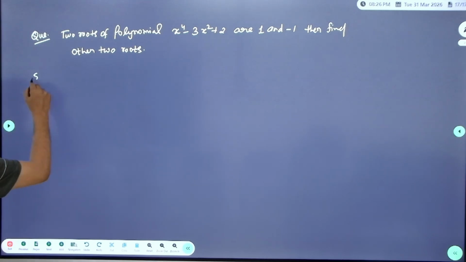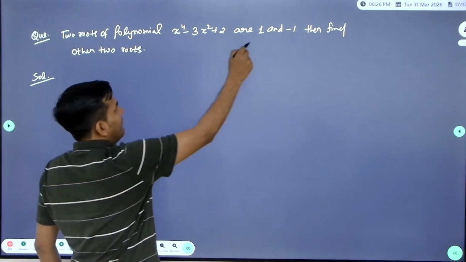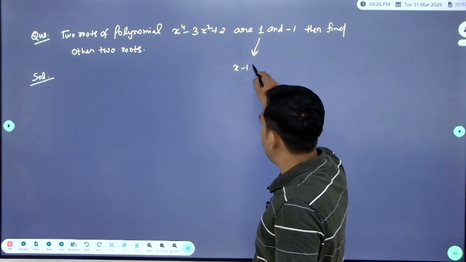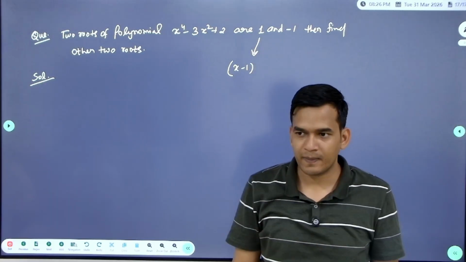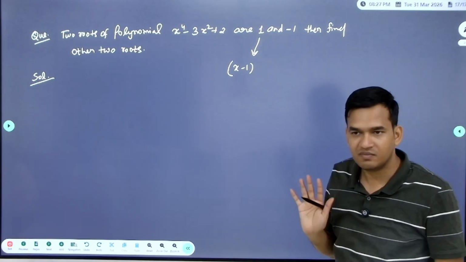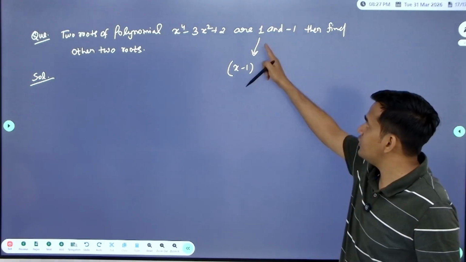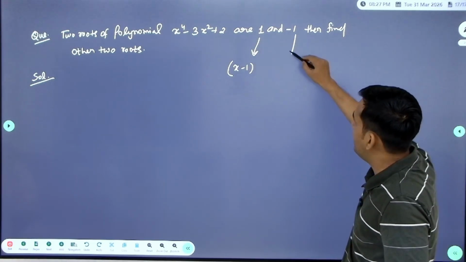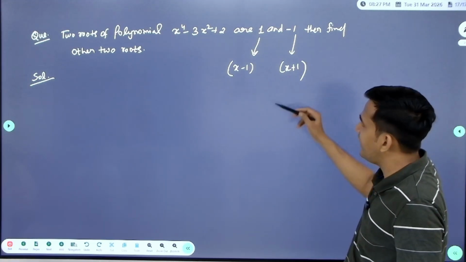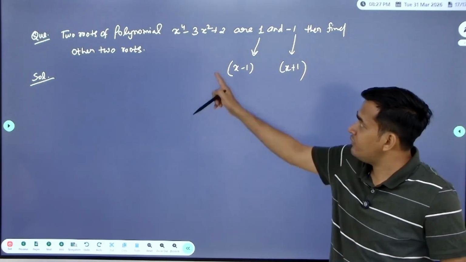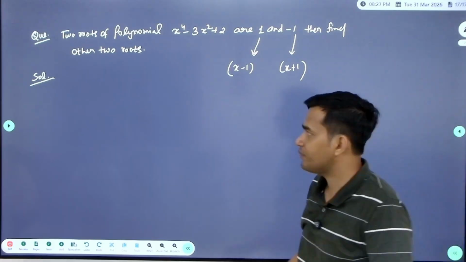Since 1 is a root, x minus 1 will be a factor. Because of positive 1, x minus 1 will be a factor. Because of negative 1, x plus 1 will be a factor. So x minus 1 and x plus 1 both are factors of this polynomial.